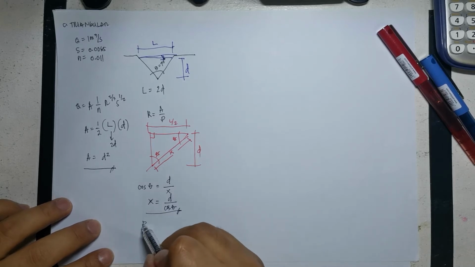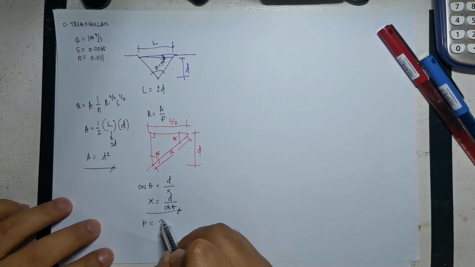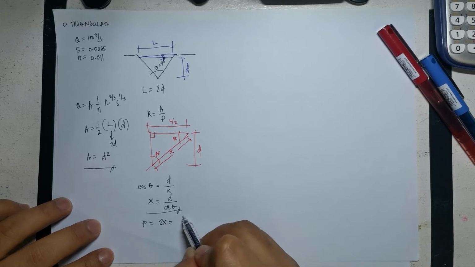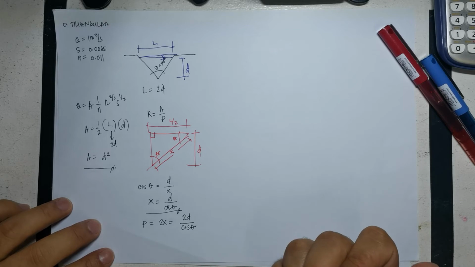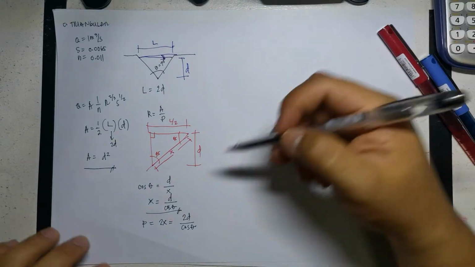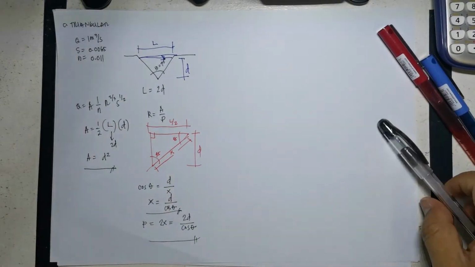So, para makuha natin yung P, that will be 2X, which is equal to 2D over cosine theta. Ganun lang kadali si P.